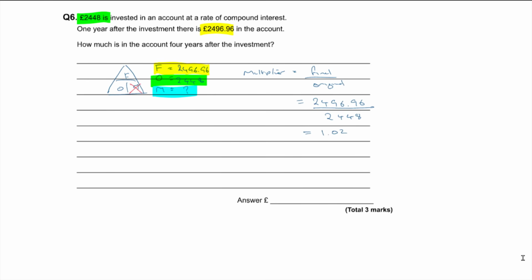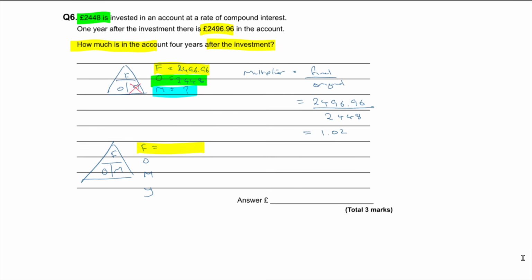So in the next part of the question, I've got final, original, multiplier, FOM, and this time y as well. Now the final is the thing we want to find, isn't it? We want to know how much the account is worth after the investment.